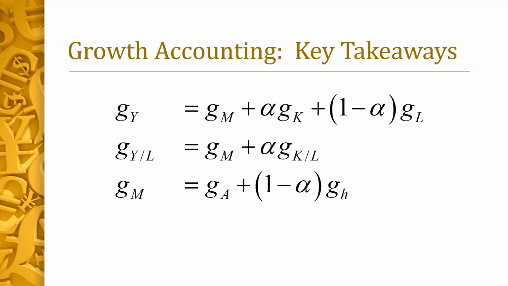Third, MFP growth is the sum of TFP growth and the contribution of human capital growth. And fourth, per capita GDP growth is the sum of labor productivity growth and labor utilization growth.